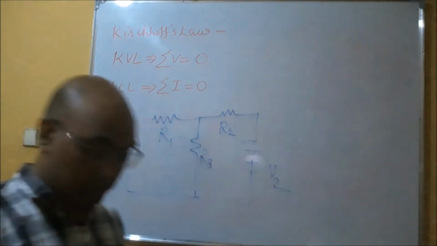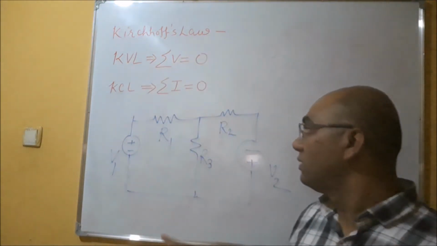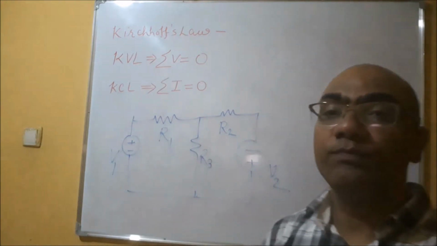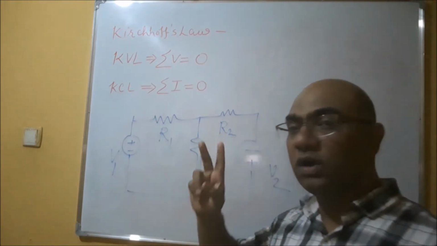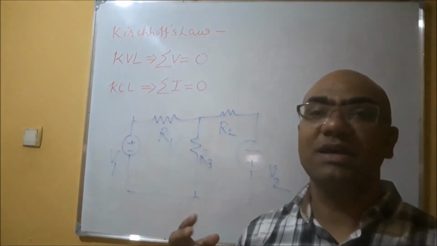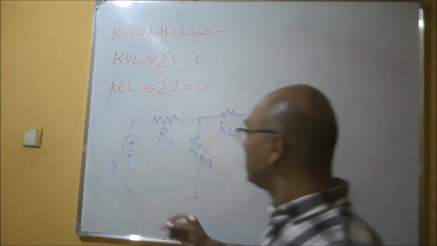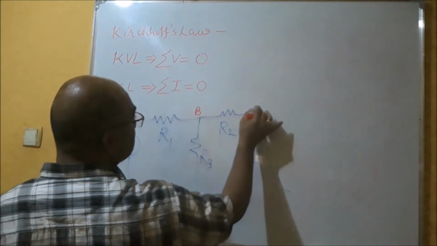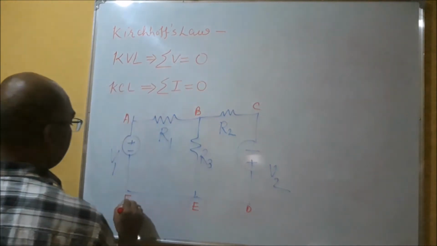So this is a basic circuit having two voltage sources and three resistances. So the total components in this circuit is 5, out of which 2 are voltage sources, and 3 are resistances as circuit elements. Now let us see the points A, B, C, D, E, F.